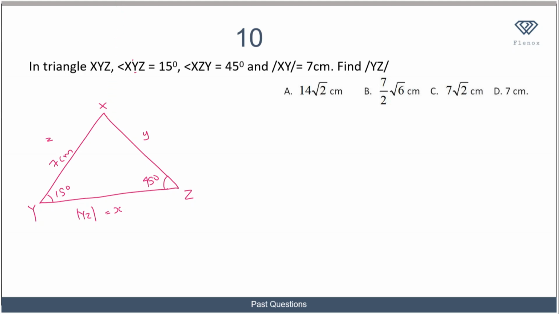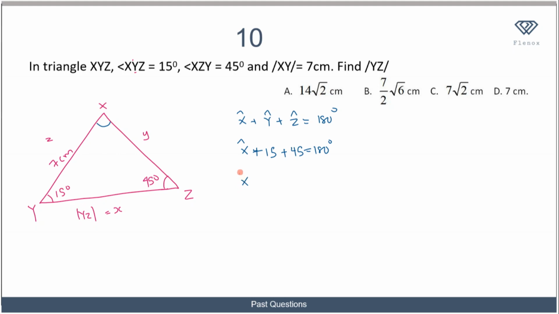How would I do that? If you look at it carefully, this is a triangle, and I know that the sum of angles in a triangle must be equal to 180 degrees. So the angle at X plus the angle at Y plus the angle at Z must be equal to 180 degrees. So the angle at X plus the angle at Y, which is 15, plus the angle at Z, which is 45, is equal to 180 degrees.